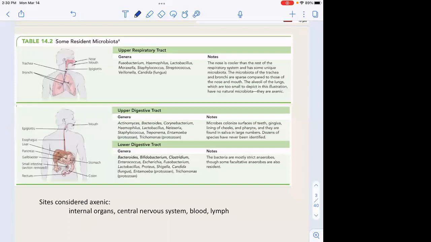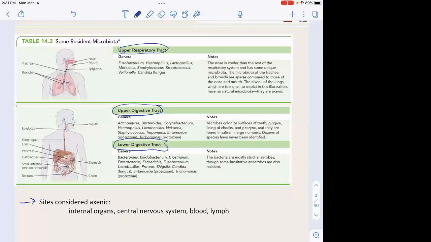For instance, in your lower digestive tract, there's not much access to oxygen, so we've got some anaerobes that live in our large intestine, where in our upper respiratory tract, organisms are aerobes maybe. Sorry, upper respiratory tract is what I meant to say there. But if you look down that list, a lot of different bacteria and other organisms as well.